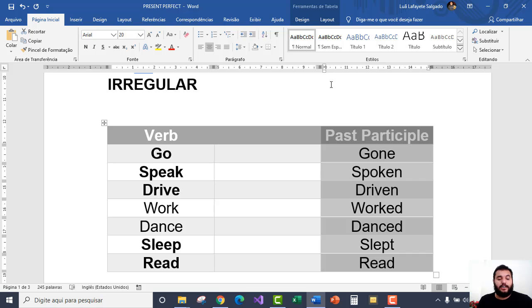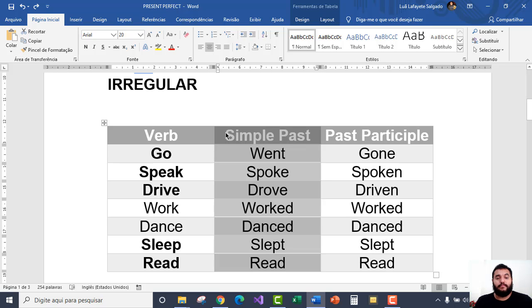So we need to pay attention, because when you're talking about verbs, we say the verb, then the simple past form, but now we are going to use the past participle. Look at this. The verb go, we use gone. Speak, spoken. Drive, driven. Sleep, slept. Read, read.